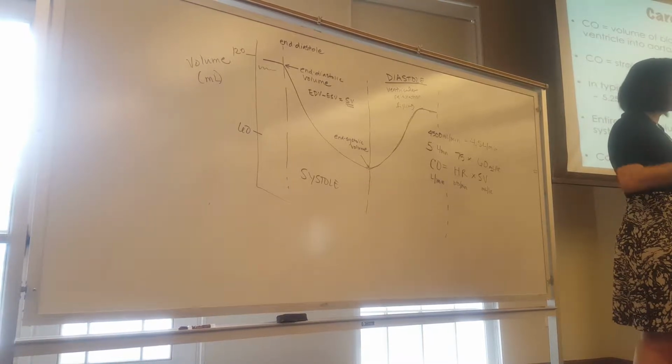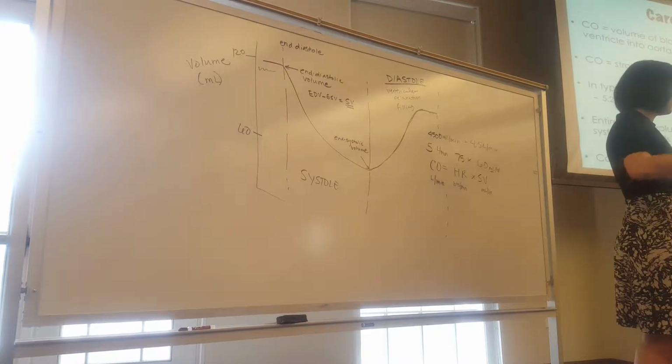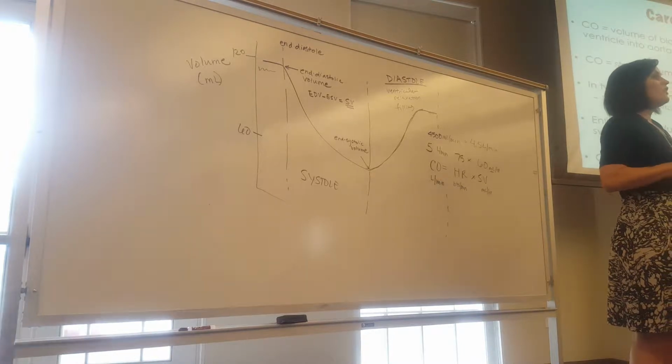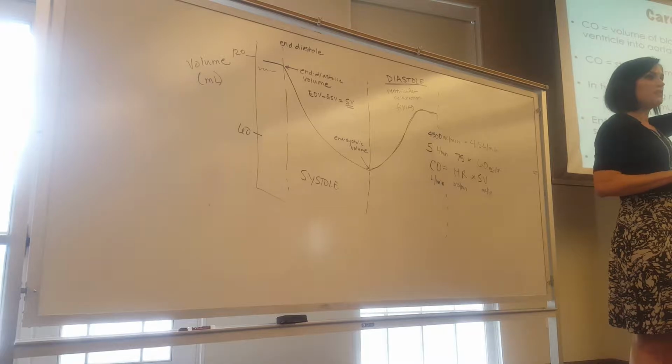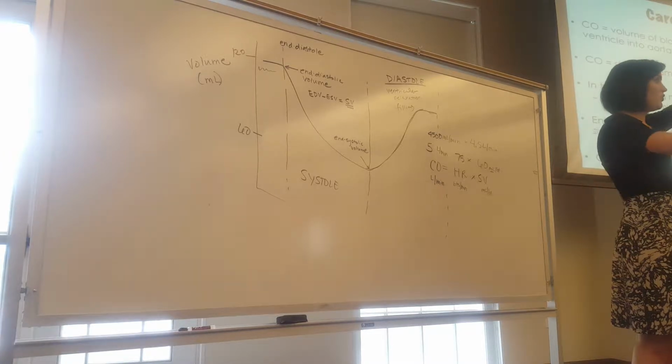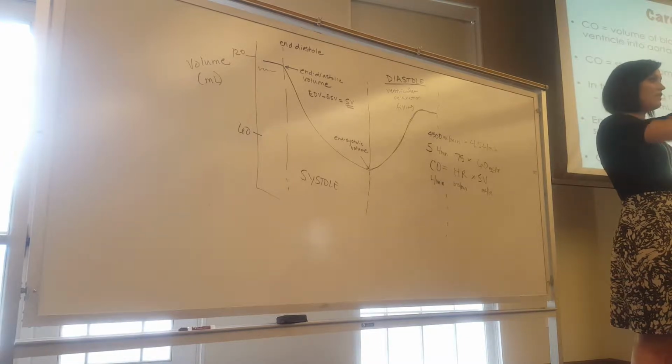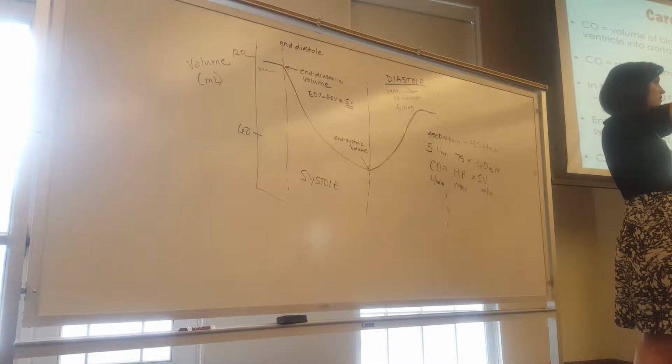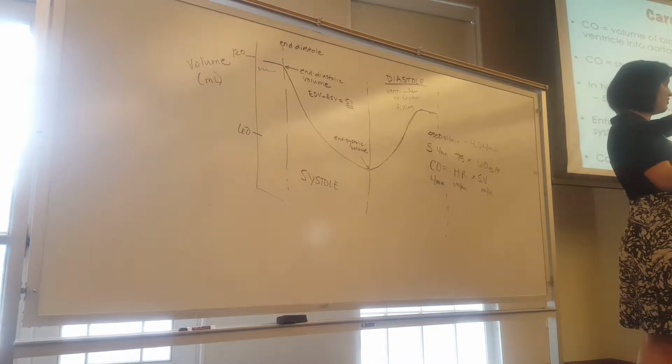You have to get a lot of blood and a lot of oxygen to your tissues. Your highest cardiac output subtracted from your resting cardiac output, that's your cardiac reserve. That's the ability you have to increase cardiac output to meet the needs of your tissues.